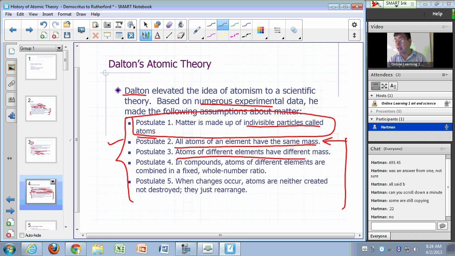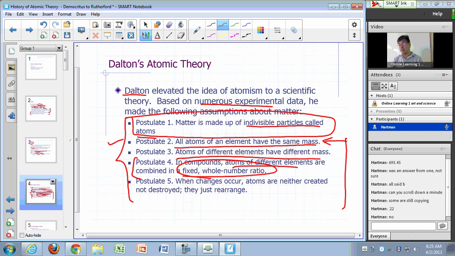He also said that if you have different elements, then they have different atoms. The atoms of different elements would have different masses. And he was able to explain the law of definite composition. He said that compounds are substances that have definite composition. The atoms of the different elements are combined in a fixed whole number ratio.